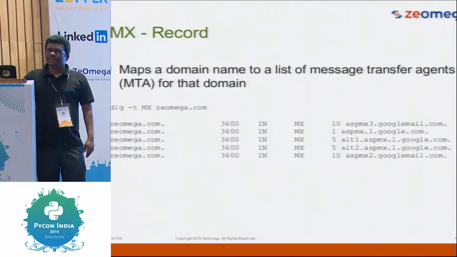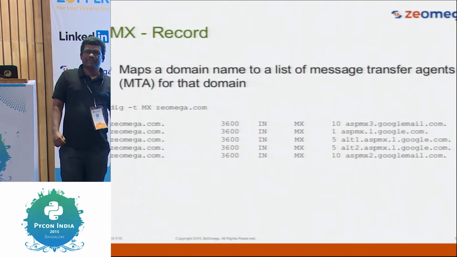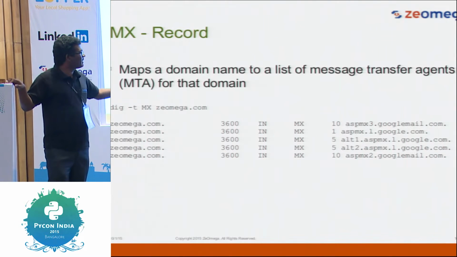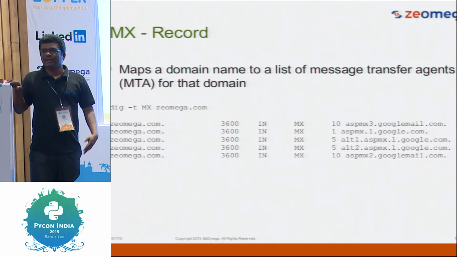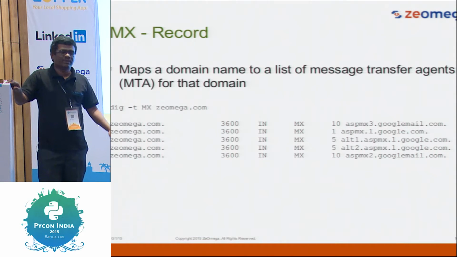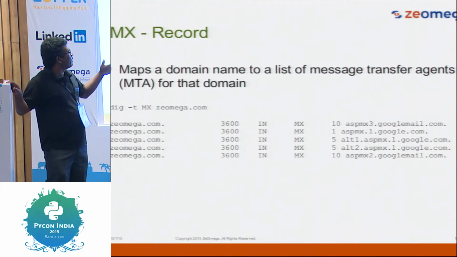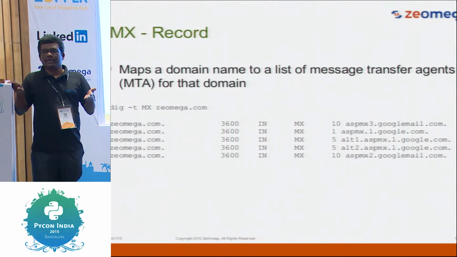Then the MX record is again very important. I just showed the MX records for ZeOmega.com. Maybe from this itself we can see that we are using Google Apps as our email service. That means all mails are going to Google Apps, right. So, this record helps you specify where the SMTP mails are going to reach.